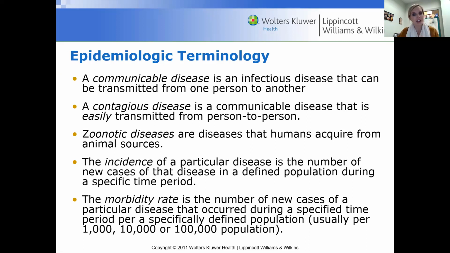The term contagious, however, adds one word to that definition, and it's this E word right here: easily. If a disease can be easily transmitted from one person to another, that's where we bring in the term contagious, meaning it's much easier to spread than a communicable disease. So they're very interchangeable, but the difference is that one word: it's a little bit easier to spread a contagious disease.